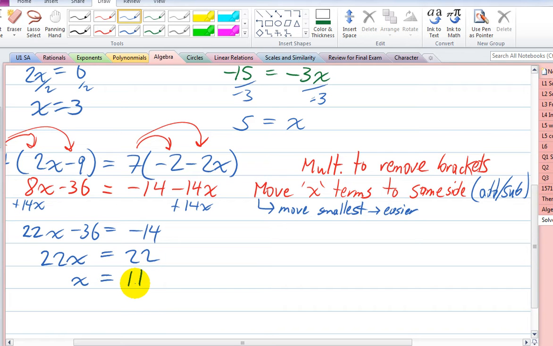Okay. Did I show all my work? No, but do you know exactly what I did? Yes. So you can start showing less work, but each line tells me exactly what you did. Okay. But if you're still at the beginner stage, show lots of work by doing the plus 14x and minus 36, then divide by 22.